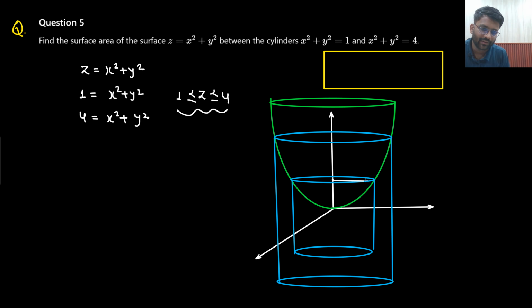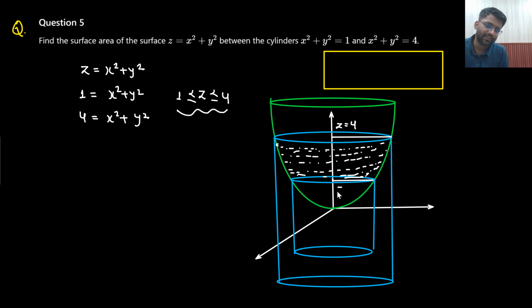Radius is 1 here, and here the radius is 4. So which surface area you are supposed to find out? This curved surface area you are supposed to find out. Okay, so this is our target, between z equals to 4 and z equals to 1. This is what we are supposed to find out.